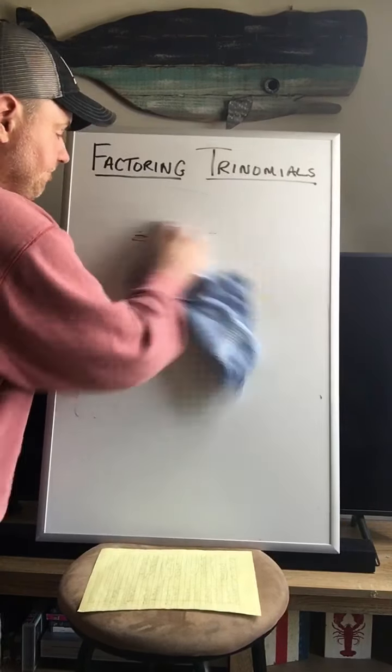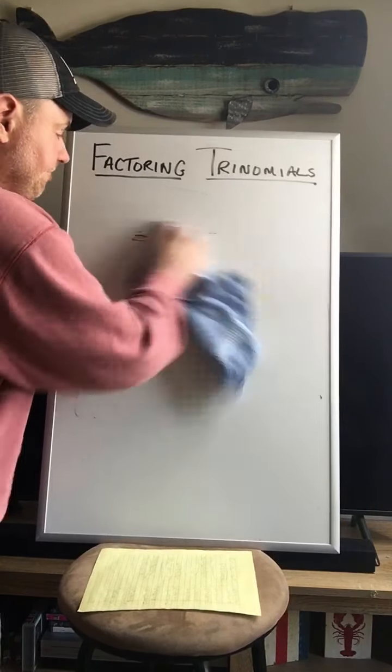Okay? So how about if I did x squared plus 10x plus 16, and I want you to factor that down. I know it's going to be an x and an x.